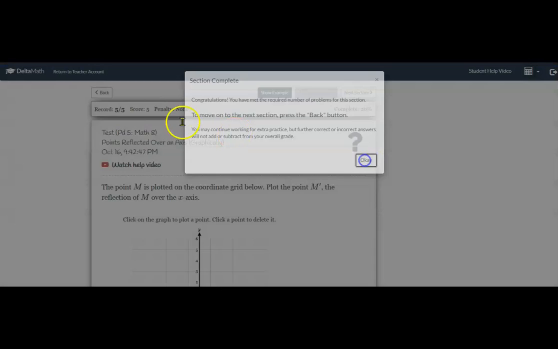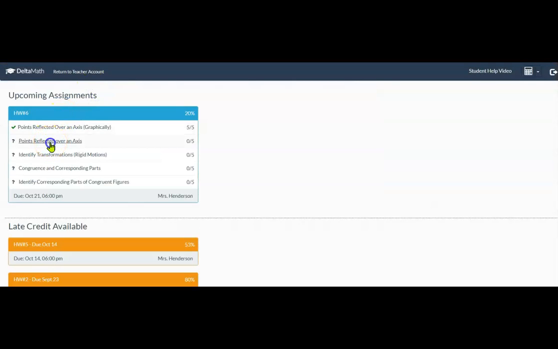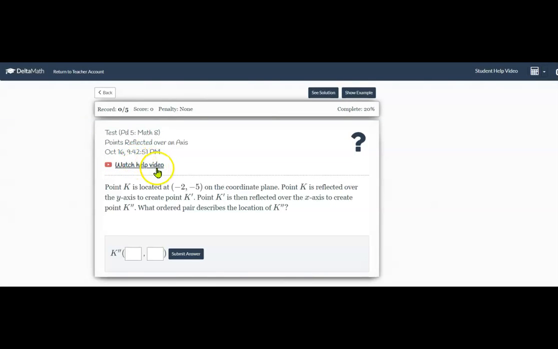The next topic here is points reflected over any axis without the drawing. So remember what we just consolidated in the last lesson. Point K is located at -2, -5. Point K is reflected over the y-axis.